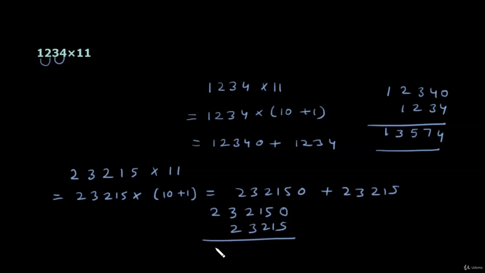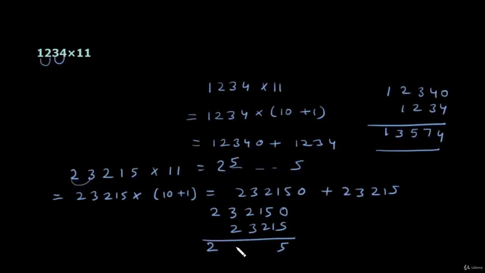So in this way we can copy the first digit and the last digit as it is, and the in-between numbers are the sum of the number to the neighboring number. Like 2 added to 3 gives us 5.